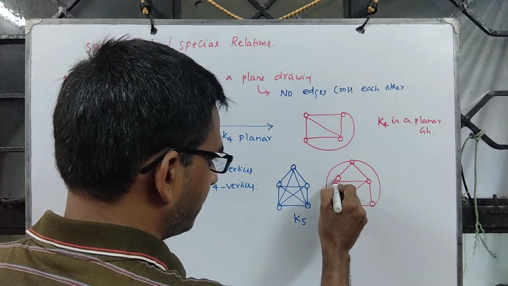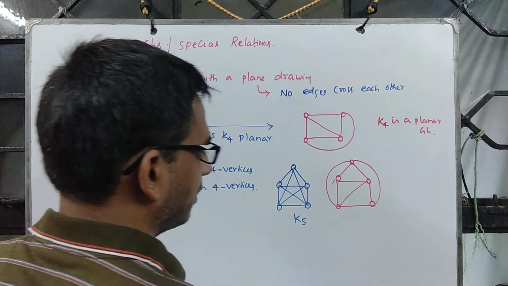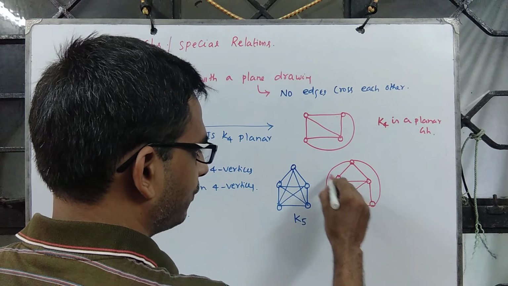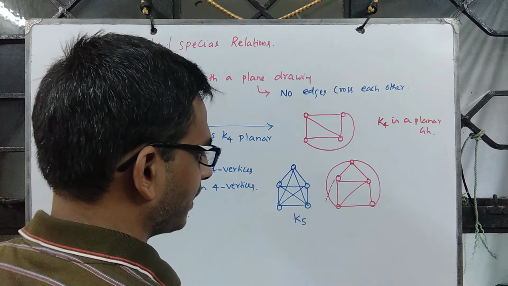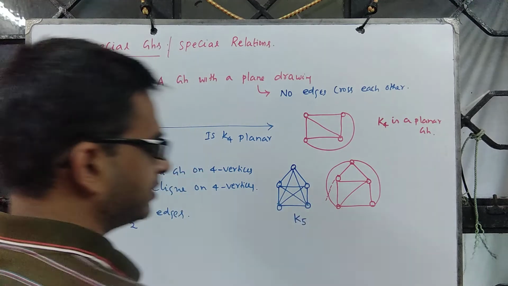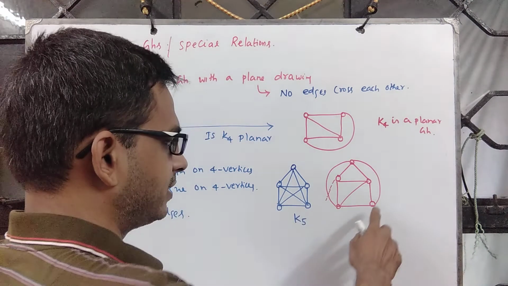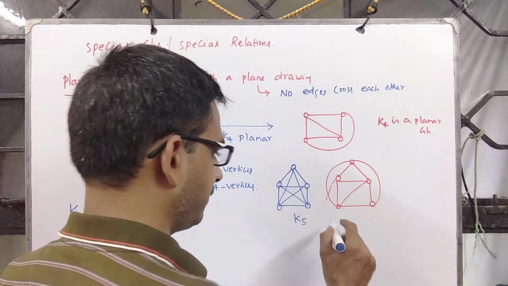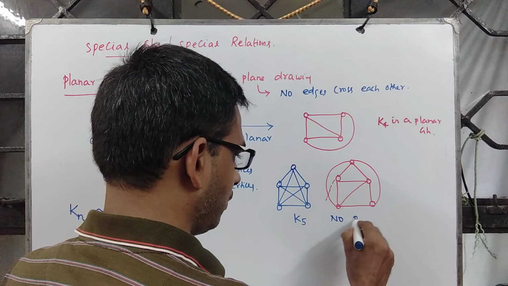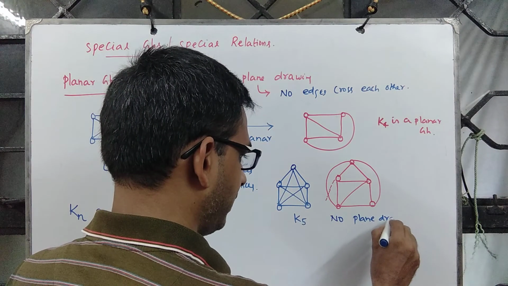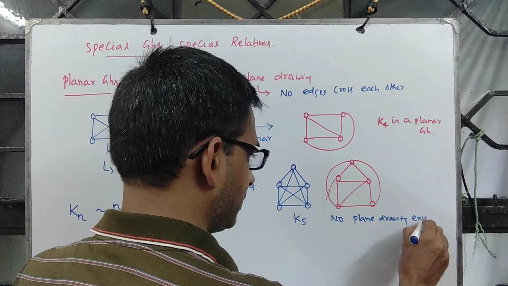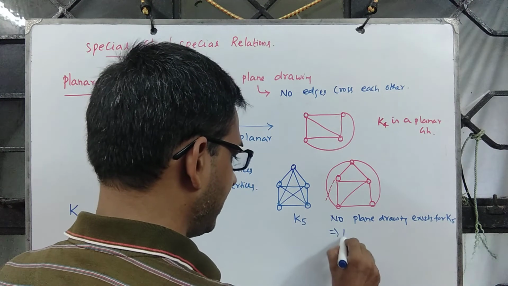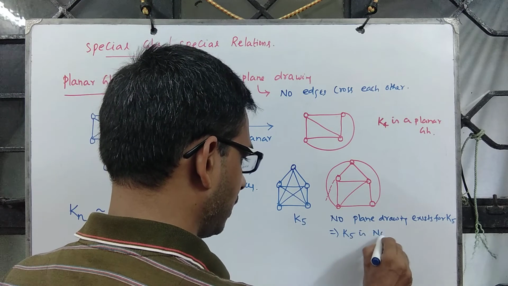Now we need to draw an edge from here to this, but that will either touch this, or if you come like this it will touch this, and if you try redrawing that edge it will cross some other edge. So no plane drawing exists for K5. This implies that K5 is non-planar.